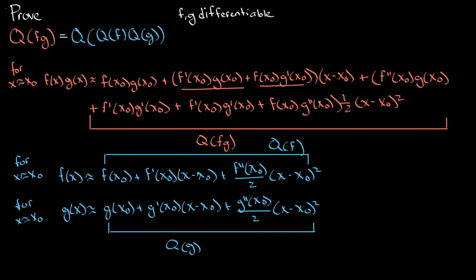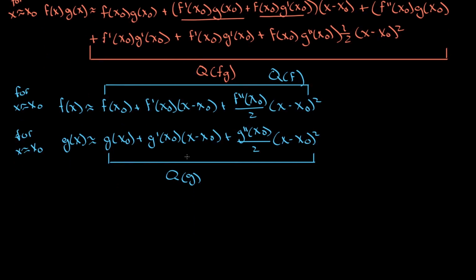So any term that when we multiply them, we end up with a higher degree than 2, we toss those out. So any cubic terms or fourth degree terms, we toss those out. So now we're going to multiply these two quadratic approximations together. So we have q of f times q of g.